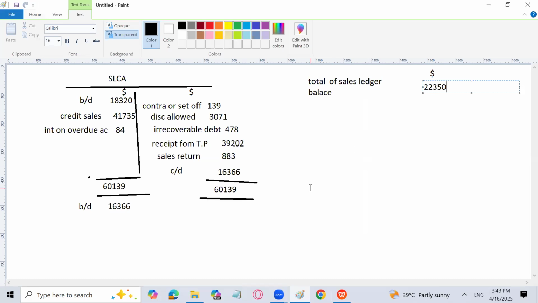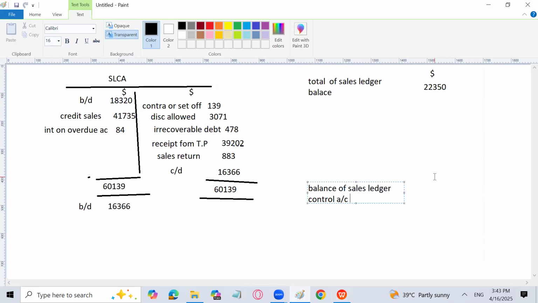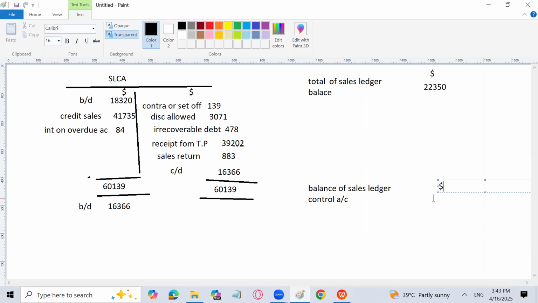And now in the later part of the question, I will write the balance of sale ledger control account, because that needs to be corrected also. And both balances should be equal after correction. So let's see what is the total of the sale ledger control account balance: 23964. So let me write it down.